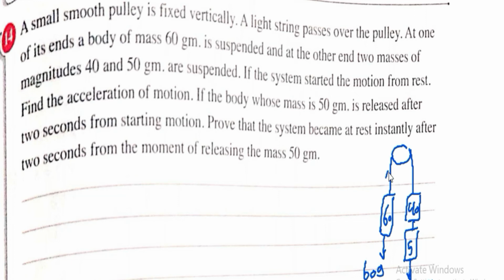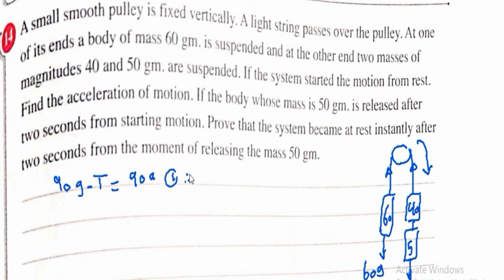The tensions are equal in the two branches of the string because the pulley is smooth. The system will move downwards in this direction because the mass here is greater than 60. The first equation: 90g minus T equals 90a. This is number one.